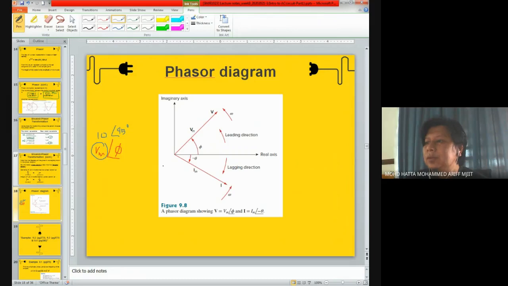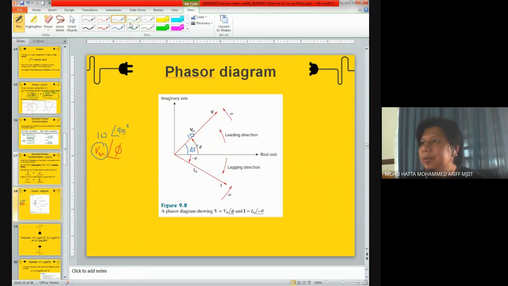So 10 is the length of this line, and 45 is the angle over here. So this is a graphical representation of your voltage.